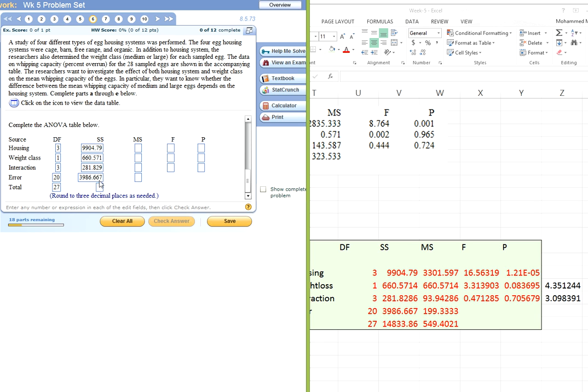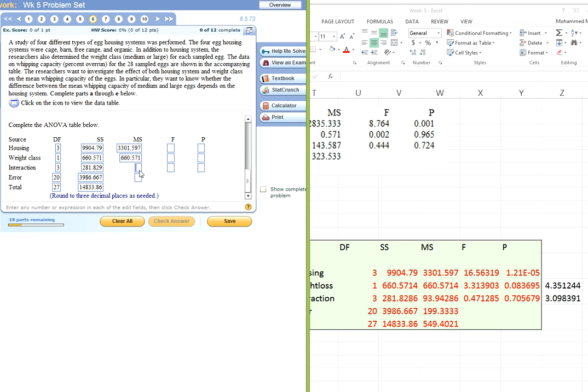Next one is 3986.667, and the last one is 14833.86. Okay, the mean sum of squares is 3301.597, and then 660.571.